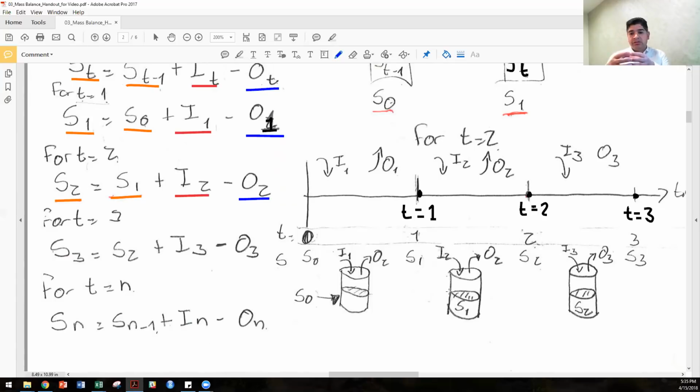So as you can see, imagine that you have here kind of a bucket. So you start with a certain storage, and then how much water you put in, how much water you take out at that time step, you record it. And that will be the end of time 1. And then for time 2 is that initial storage plus how much water you're putting in, how much water you're taking out, and then you account for it, and that will be this storage at time number 2. Okay? And then for storage at time number 3, you already have the storage at time number 2, how much water you're putting in, taking out, and you account for that storage number 3.